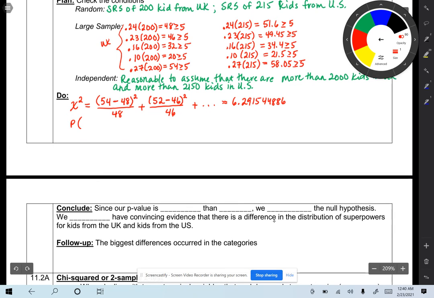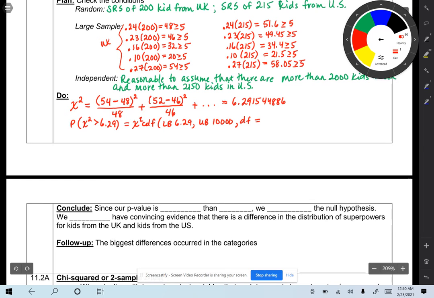Okay, so we would find the probability of getting a chi-squared greater than 6.29. We do a chi-squared CDF, where the lower bound is 6.29, upper bound is something large, and our degrees of freedom. So let's take a look here.